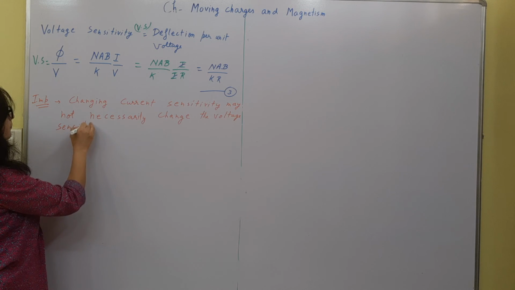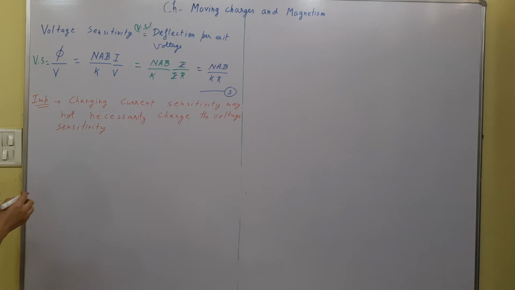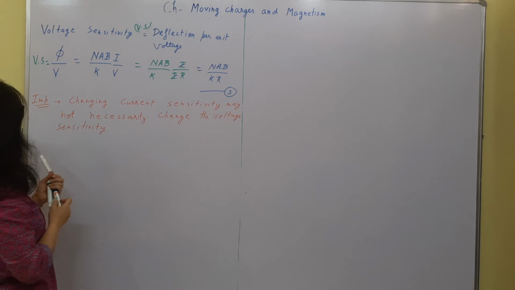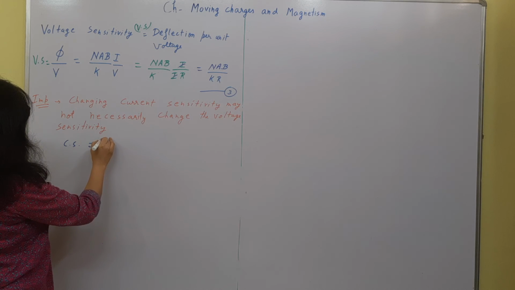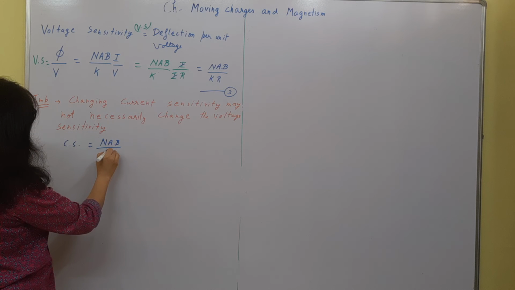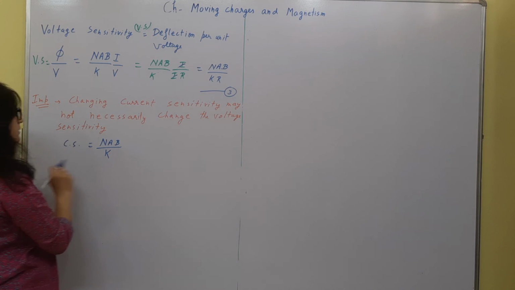Now how? So you look at the formula for the current sensitivity. We know the formula for the current sensitivity is NAB upon K, right?